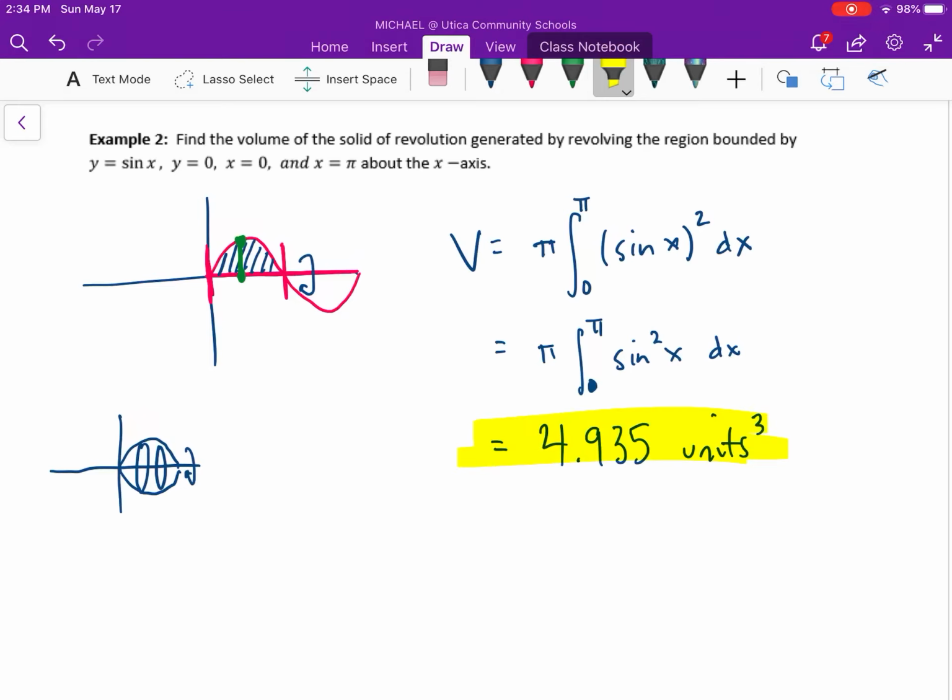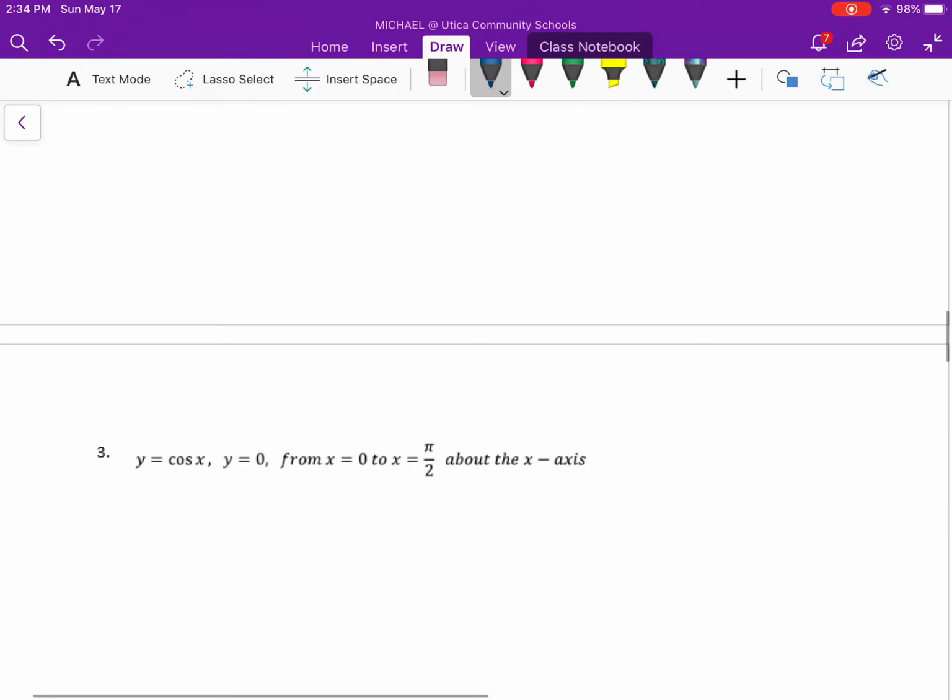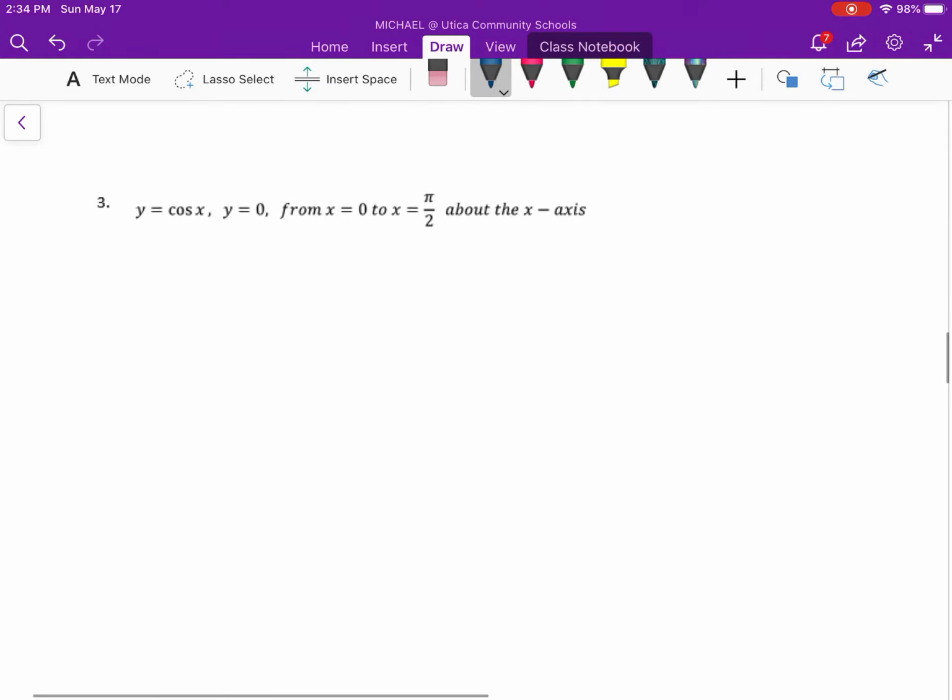So anytime you have a trig function, you're going to want to use the calculator to solve those. Everything else you're going to want to try to do without the calculator.